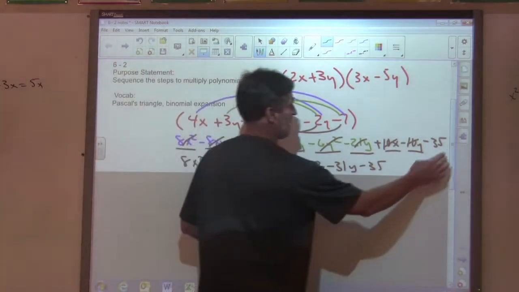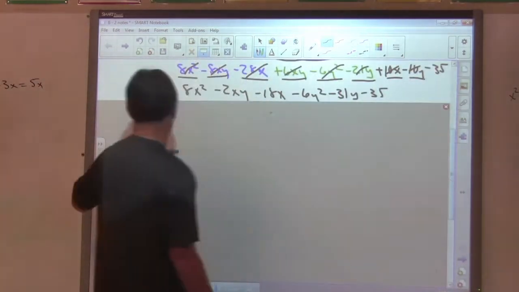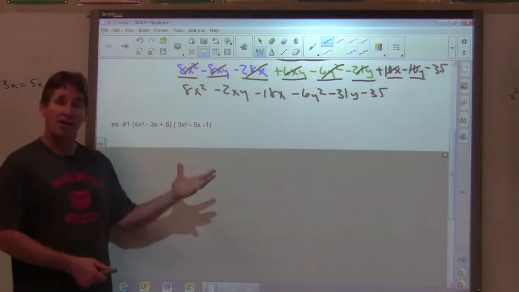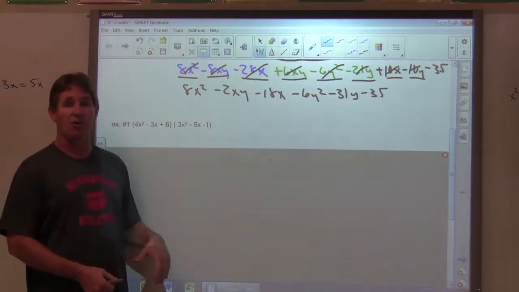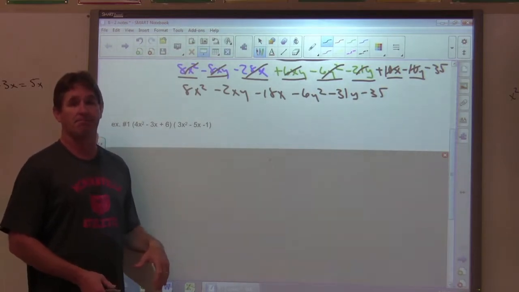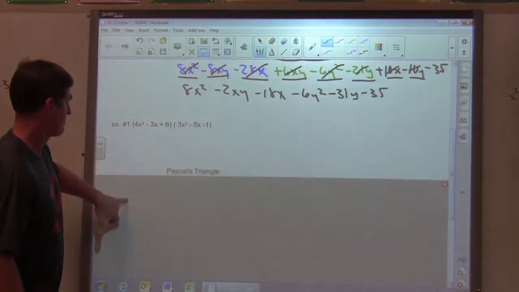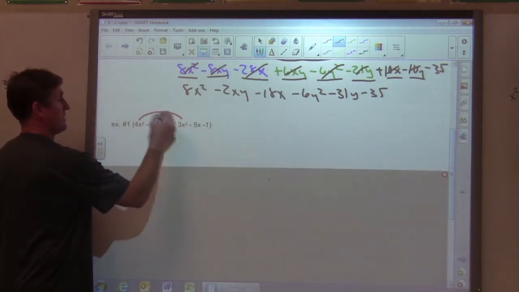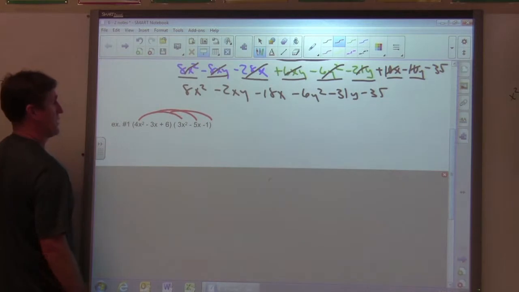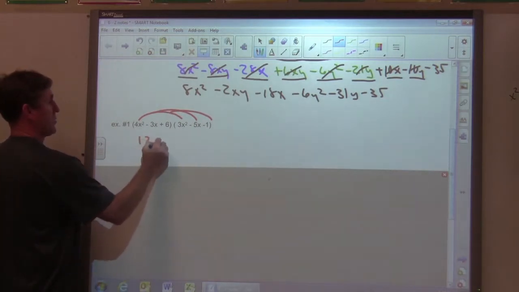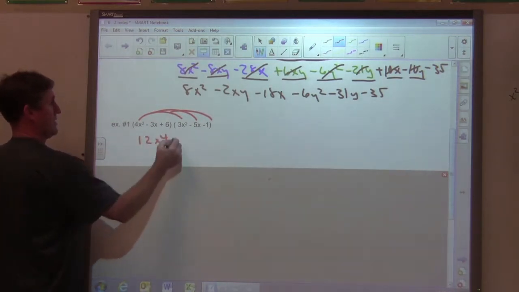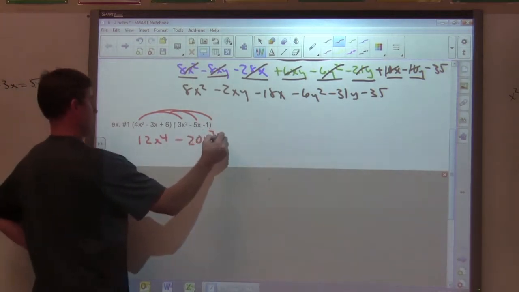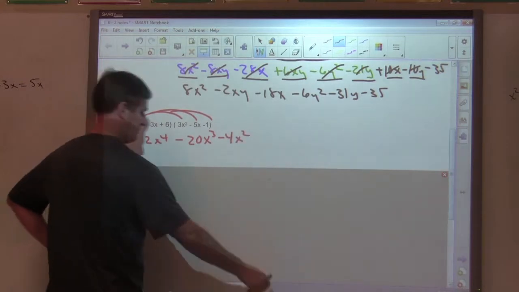So our first example I'd like you to do is this problem. So you can pause it here, do this problem, and then I'll go through and do it so you can see how you did. So if I was doing this, 4x squared times everything, so we get 12x to the fourth, minus 20x cubed, minus 4x squared.